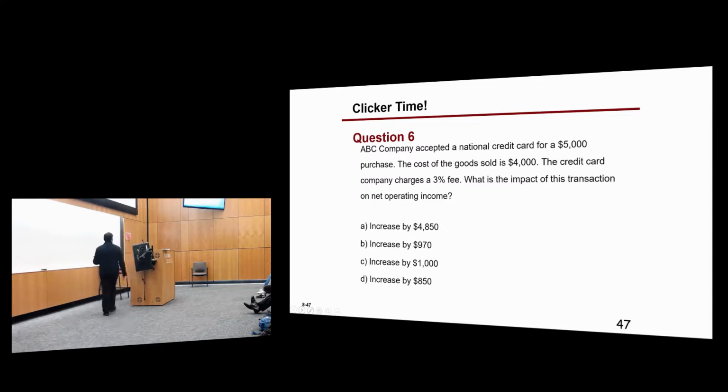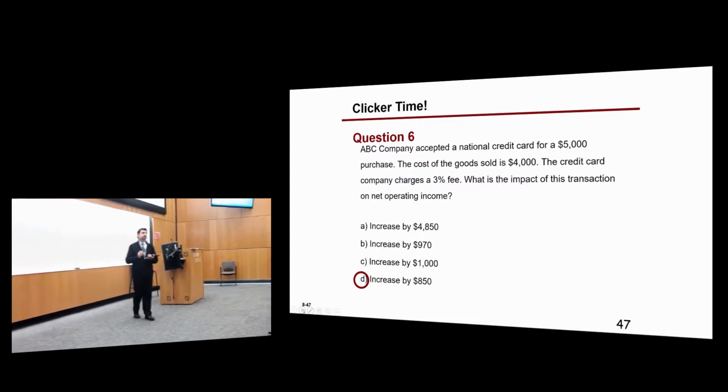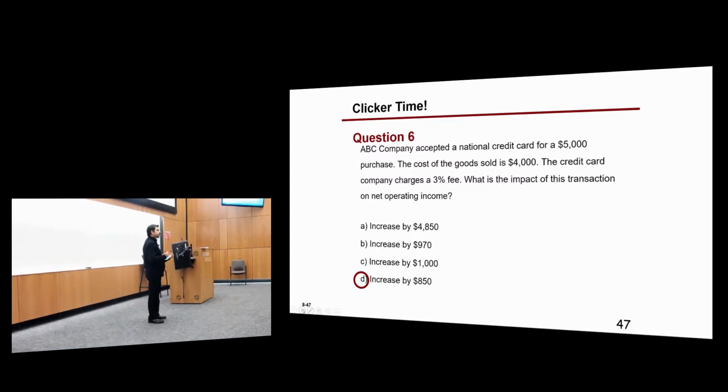So let's do this one. This is a very simple question. A question like that is asking you to calculate the impact on net income. So you have to think about how each piece of information will affect net income. The first one is that it was a credit card purchase.